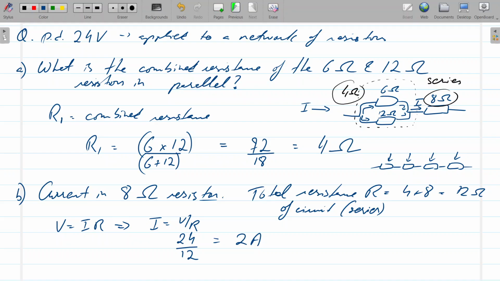If I show you an image of the circuit, just to clarify.